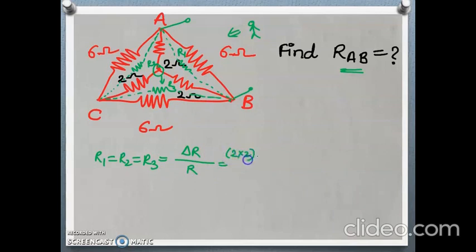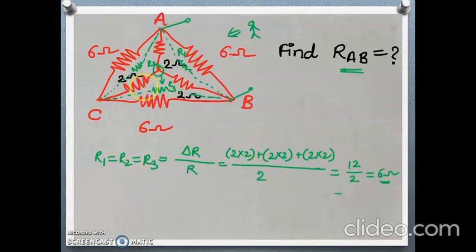That means 2 into 2 plus 2 into 2 plus 2 into 2, divided by the third resistor, which is not connected to that point. A and B is not connected to this resistor, so this will be the 2. This 4 plus 4 plus 4, 12, divided by 2 is nothing but 6 ohm. So the values of R1, R2 and R3 will be 6 ohm.